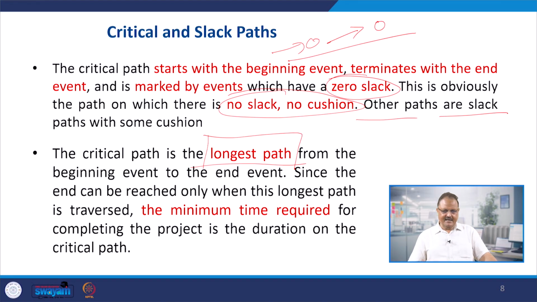So longest path means a complete path to be completed in the minimum duration, and that path will be known as the critical path. It has no cushion, no slack, and it takes the minimum time period that we are going to develop.